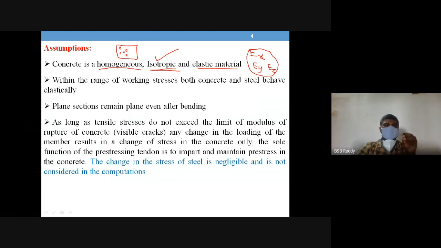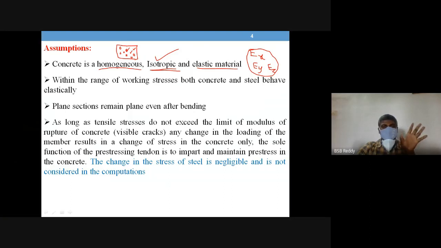But in actual sense it is not so, because at one location you find coarse aggregate, at another fine aggregate, at another water-cement paste, at another a cavity like an air void, and some location you find a water droplet.